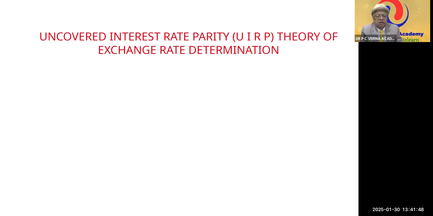Today, we are discussing the modern theory of exchange rate determination. We all know that at graduation level we have read purchasing power parity theory and the balance of payment theory of exchange rate determination. Purchasing power parity is a very popular theory of exchange determination. But nowadays there is a diversion, because there is an open economy, and foreign trade is most important nowadays.